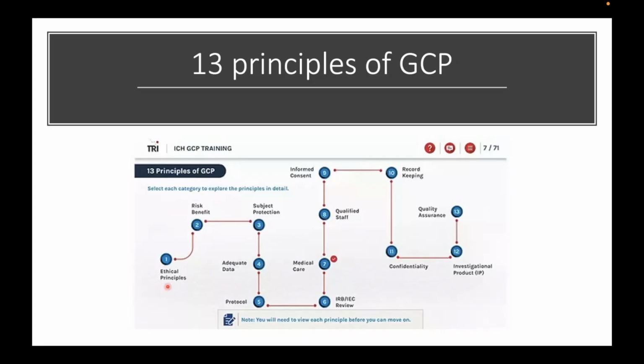So ethical principles, risk-benefit, subject protection, adequate data, protocols, having a review by the institutional review board or the institutional ethics committee, medical care, qualified staff, informed consent, proper and confidential record keeping, confidentiality, quality assurance and investigational product, and lastly, quality assurance.